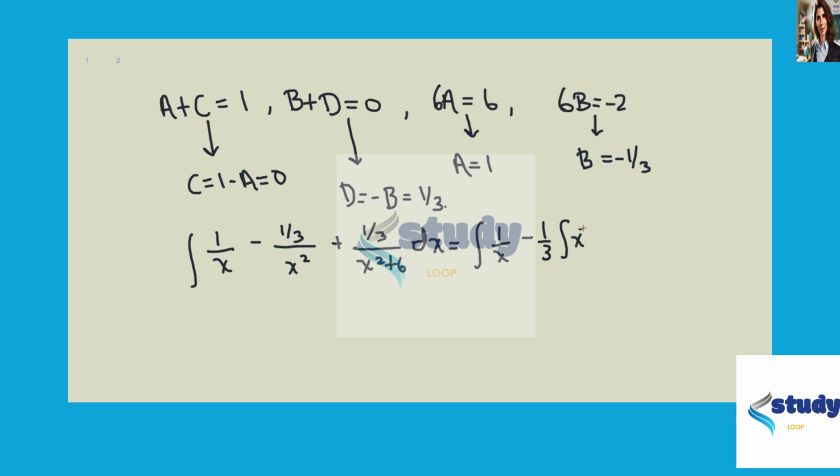You see the second integral there. You could use the power rule for that one. And then the last integral, pull out the 1/3. And technically, I should be putting the dx's here.